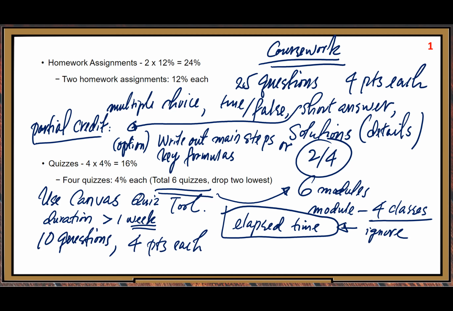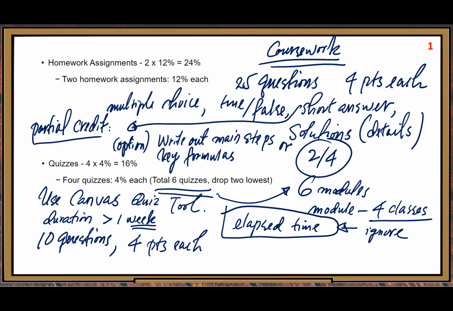The question types: remember our homework question types, we just take the first 3 from the homework question types. Multiple choice, true and false, short answer. But we will not have full solution questions, because for the quiz there is no way I can give you full solution questions.